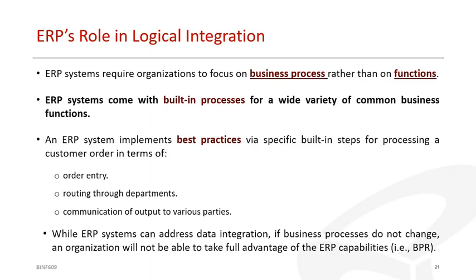An ERP system implements best practice through specific built-in steps for processing customers' orders in terms of how the order information is entered into the system, how it will be routed through various departments for action or decision, and how the output from the system is communicated to different parties, including the external customer and suppliers.